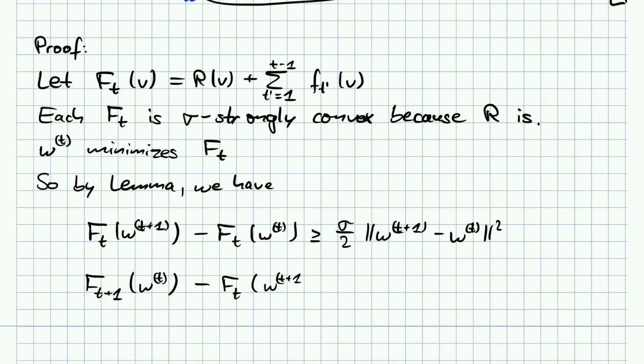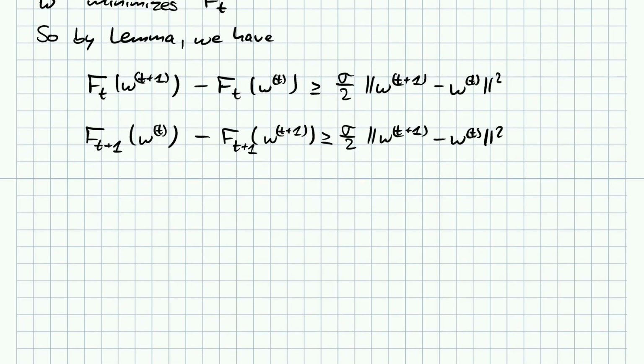But w_{t+1} is now the minimizer. And here on the right hand side we get the exact same difference. I now wrote it like this. Actually you could now also write w_t minus w_{t+1}, but that will be the same. The norm doesn't care. So now let's add up these two inequalities.